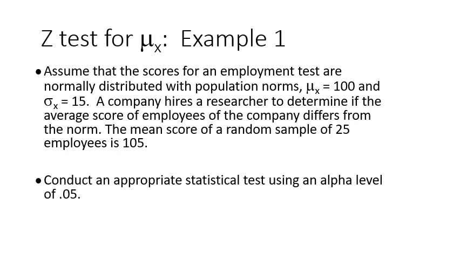Assume that the scores for the employment test are normally distributed. Tests like the z-test and the t-test have that assumption of normal distribution. They have to be normally distributed. You can use the central limit theorem if your sample size gets large enough, but this one has a sample size of 25. It's a little bit low, so it might be skewed one way or the other.